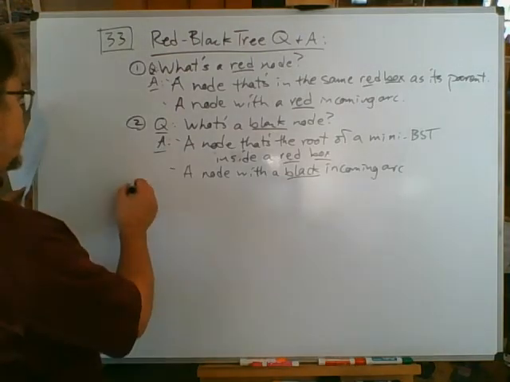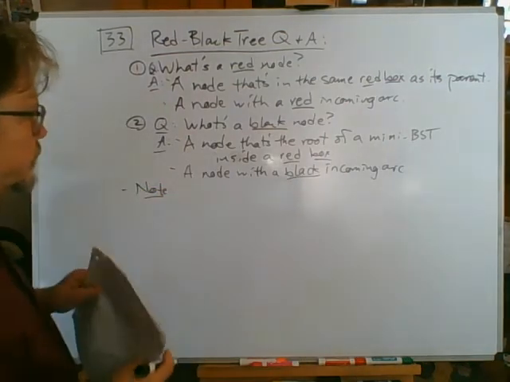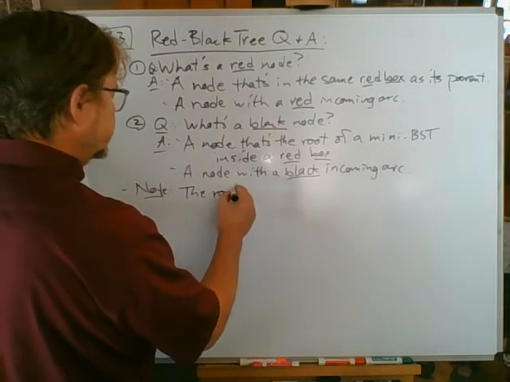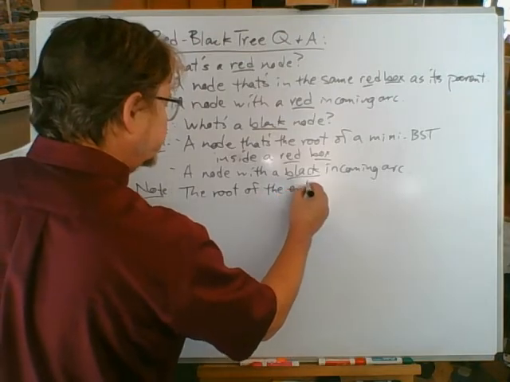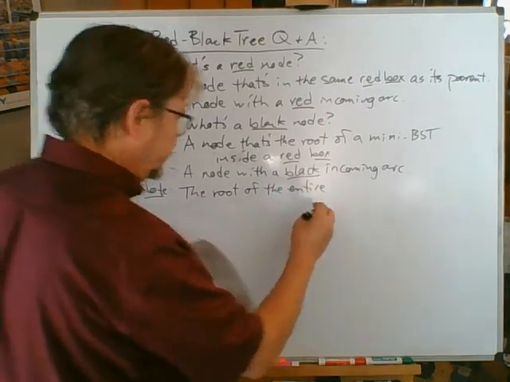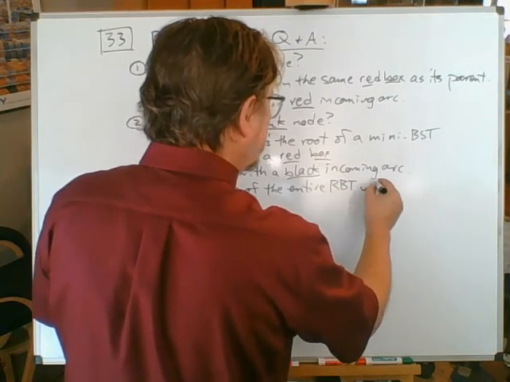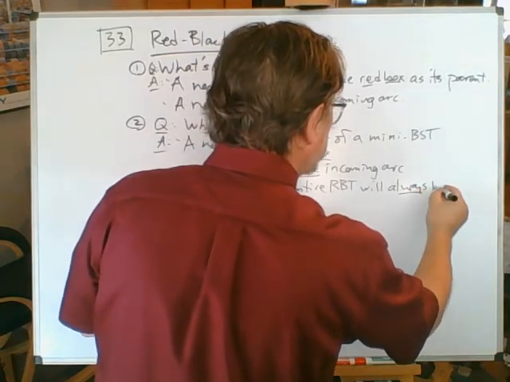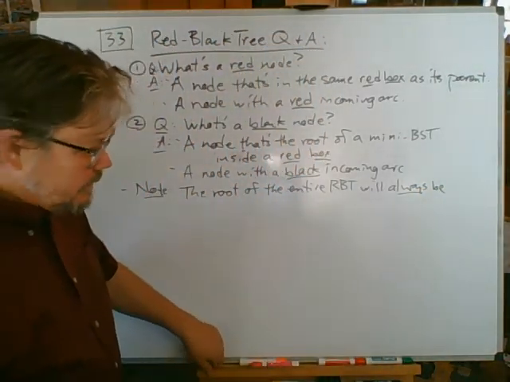Okay? Now, a note before we go one step further. The root of the entire red-black tree, RBT for short, red-black tree, will always be, let's pause and think about this for a second, reflect.